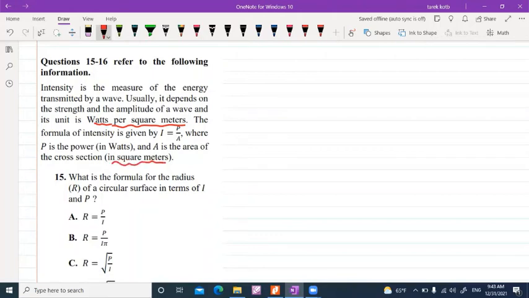Okay, what's the formula for the radius R of the circular surface in terms of I and P? This formula, I intensity equals P power over A cross section. Since the cross section is circular, the area is pi r squared.